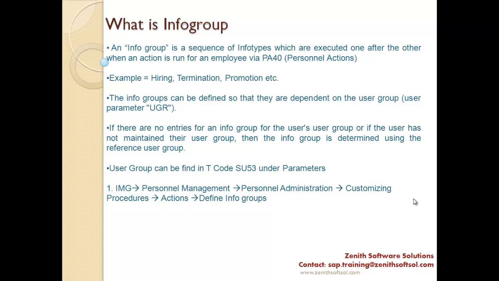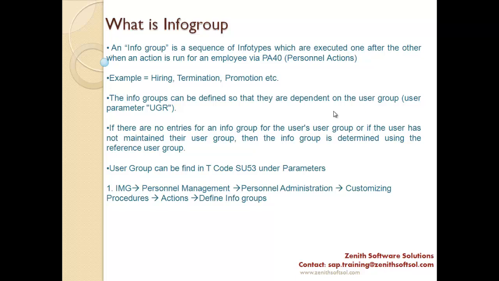These info groups can be defined so that they are dependent on the user group. Don't get confused with info group and user group. User group is nothing but a group of users who have been given similar permission. So I belong to a user group like X, and you belong to a user group called Y. Maybe you are permitted for the info group called termination, I am permitted for the info group called hiring.